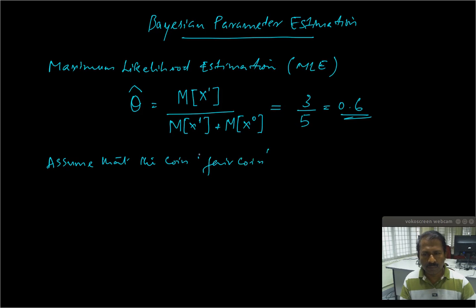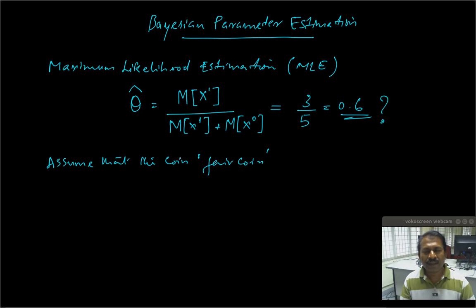Just recall that while doing this experiment, I was telling you that we don't know about the nature of the coin, right? But now I'm saying, what if the coin was a fair coin? So would you agree with this result?